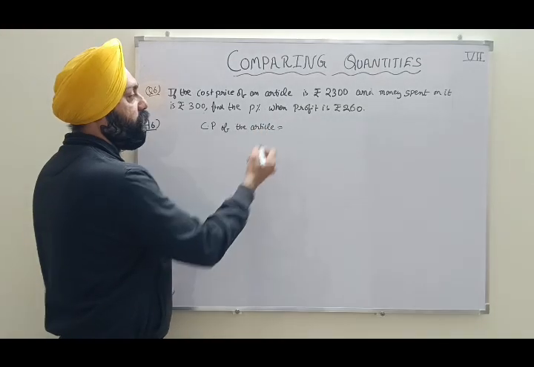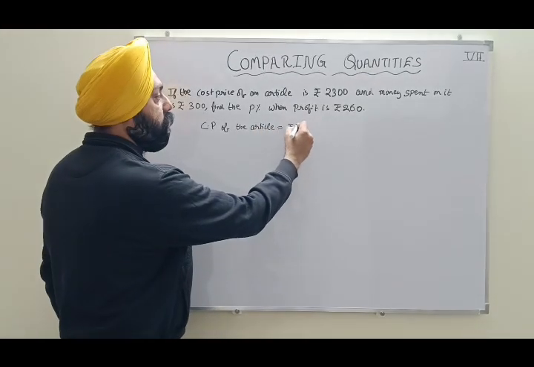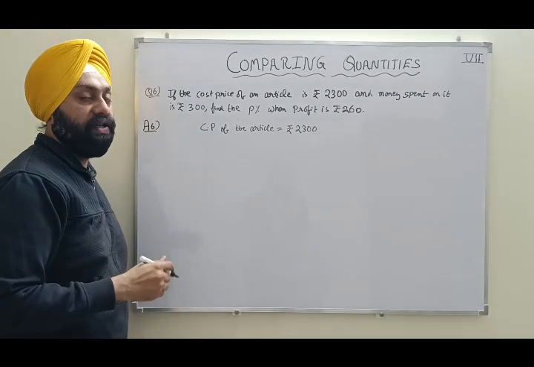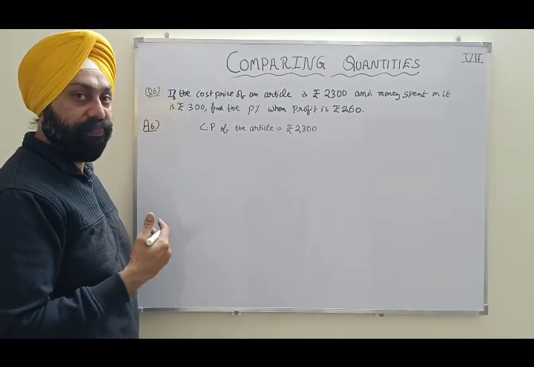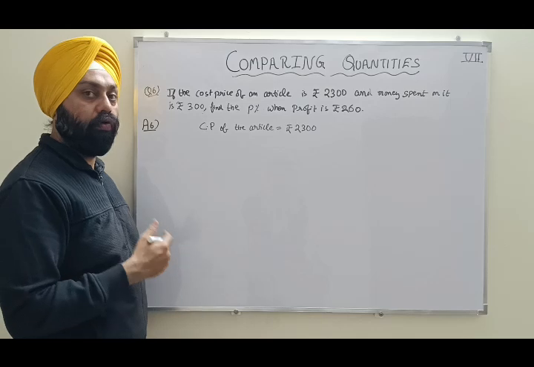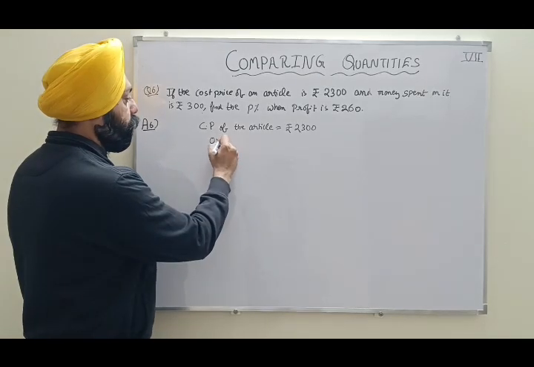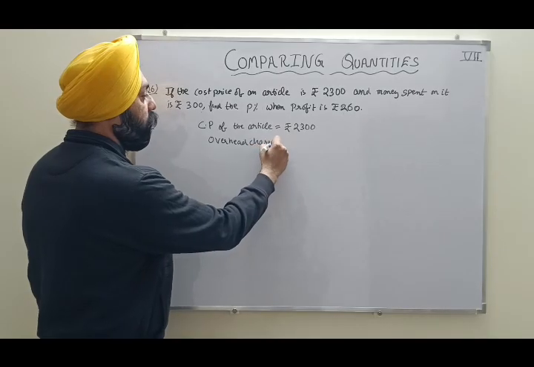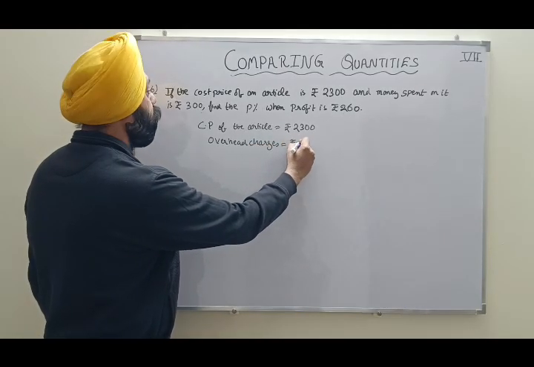Because it is a problem sum, we have to write the statements. Cost price is equals to 2300. The extra money, whatever you spend on an item, is known as overhead charges. So overhead charges is equals to rupees 300.